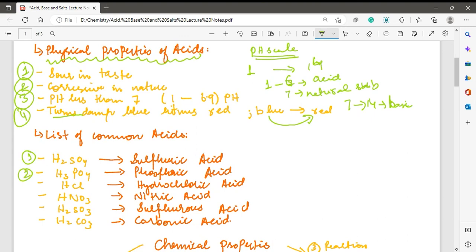The second strong acid, आप यहाँ पे strong लिख लें ताकि आपको पता चल जाए कि these all are strong acids, is phosphoric acid, H3PO4. The third one is HCl, hydrochloric acid. The fourth one is nitric acid, HNO3. The fifth one is sulfurous acid, H2SO3. And the sixth one is carbonic acid, which is H2CO3.